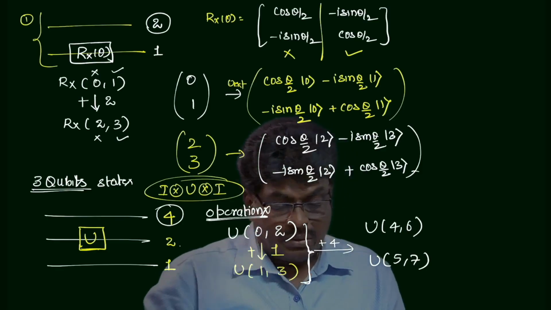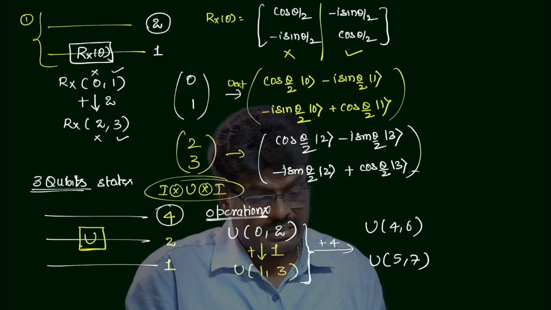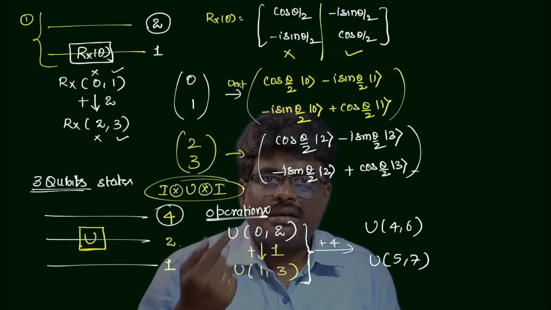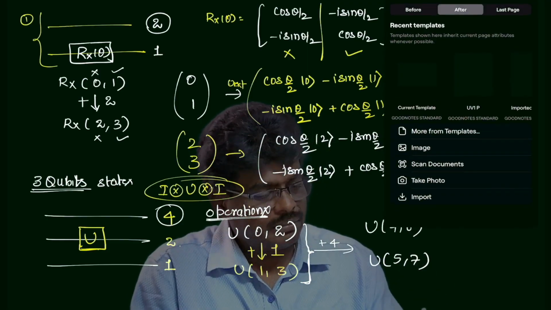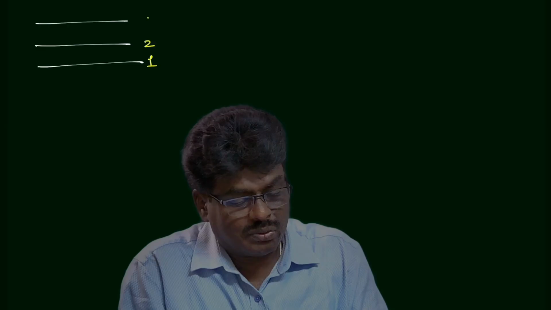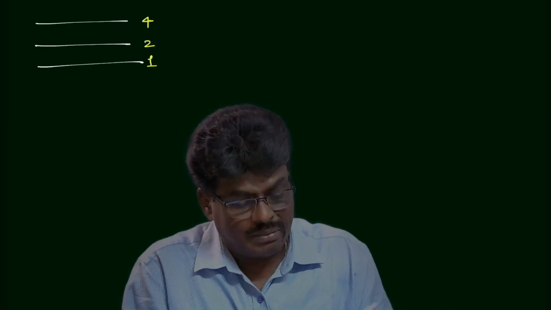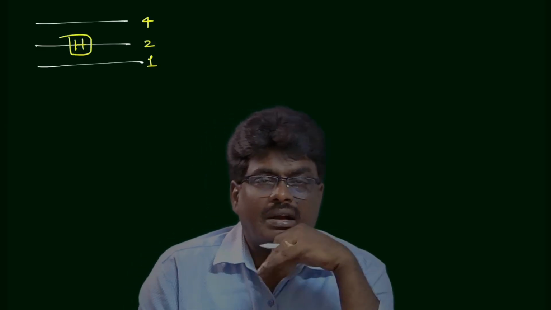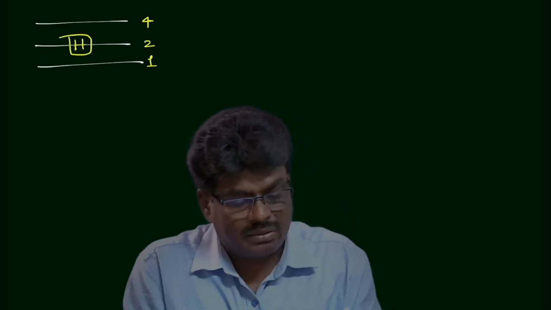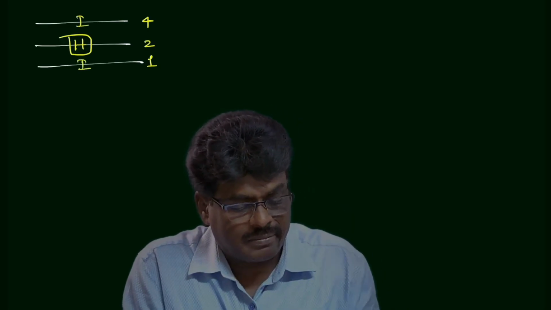Okay, so I hope you understand this for 3 qubits. Let me take one small example, then you will understand. So one more time, you have 3 qubits, 1, 2, 4, and I'm taking the Hadamard gate here, and the remaining are identity.